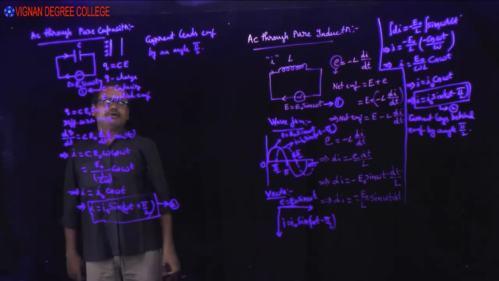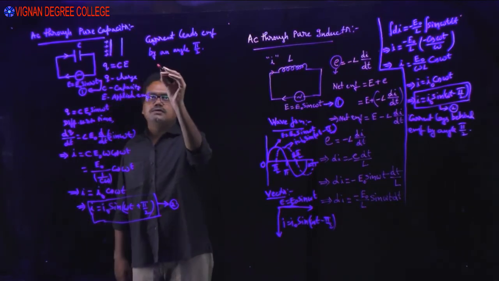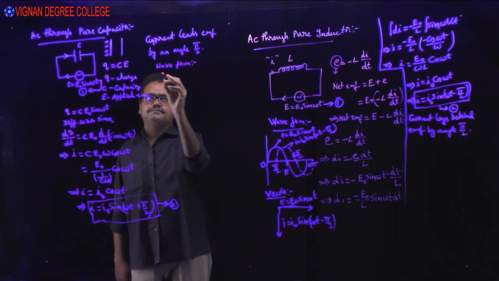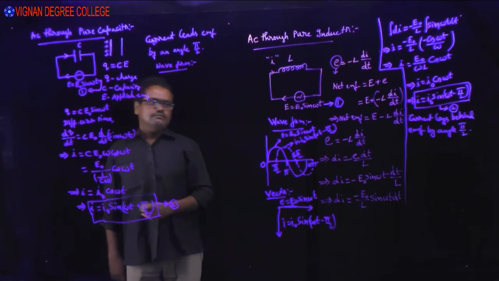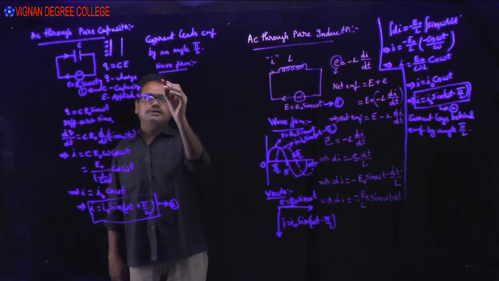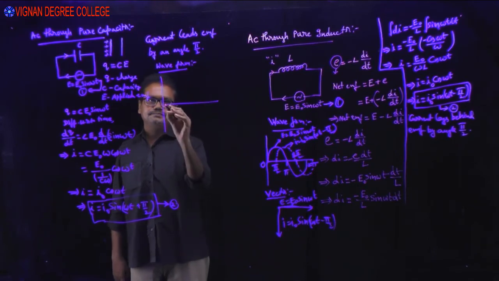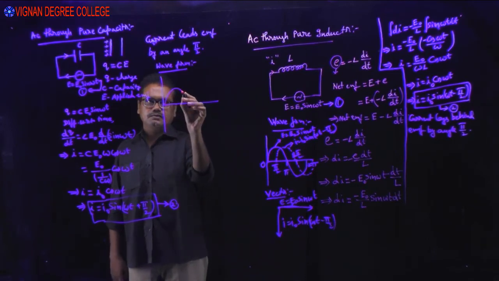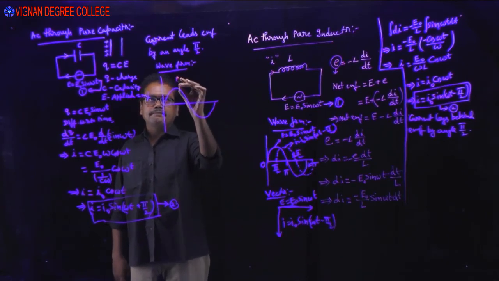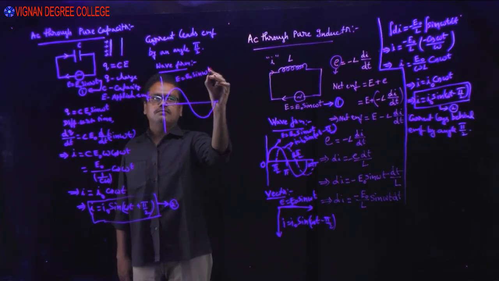The waveform and vector diagram in this case. First, waveform. Similar to the previous case, EMF is represented by a continuous waveform. So this waveform represents E is equal to E naught sin omega t.